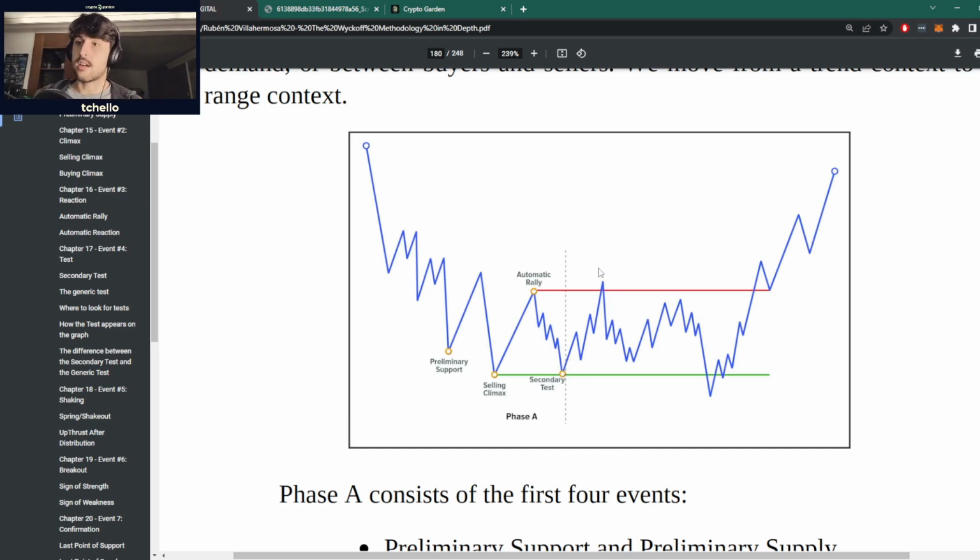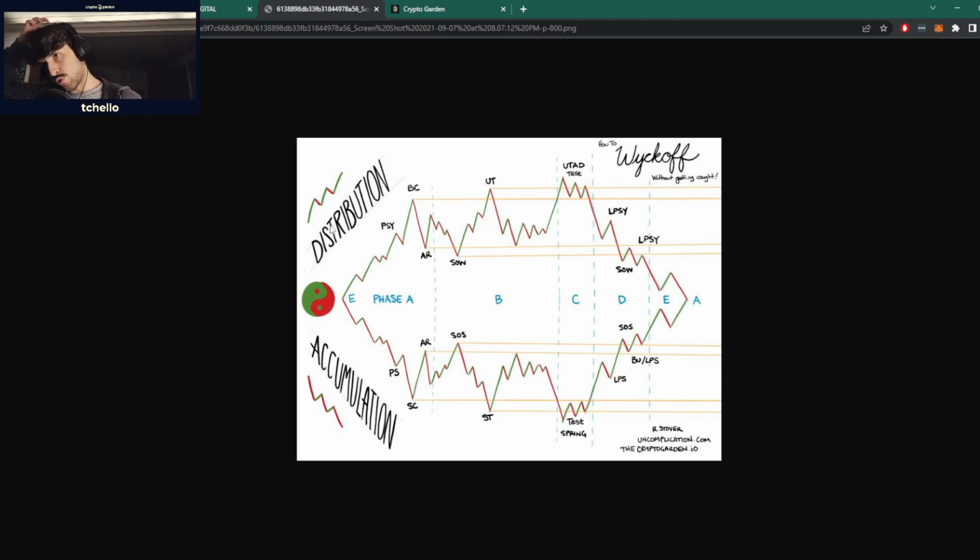Okay, so these are the four events of a phase A, in this case of an accumulation phase A. Okay, if we look at this beautiful little drawing here made by Ryan, from our compilation, he just shows us this symmetry between an accumulation and a distribution in the Wyckoff theory, and we can see that the events have little bits of different names, but the basic structure is the same.